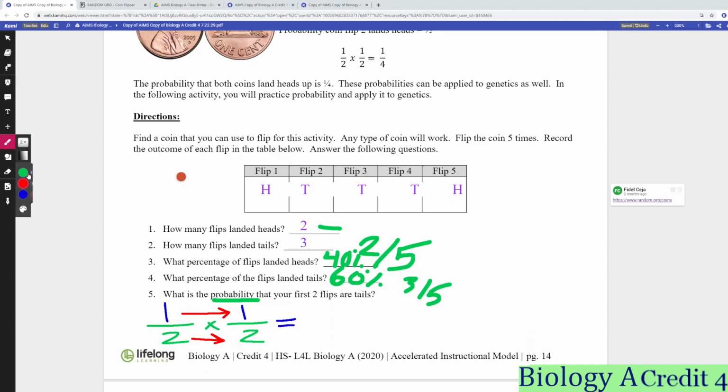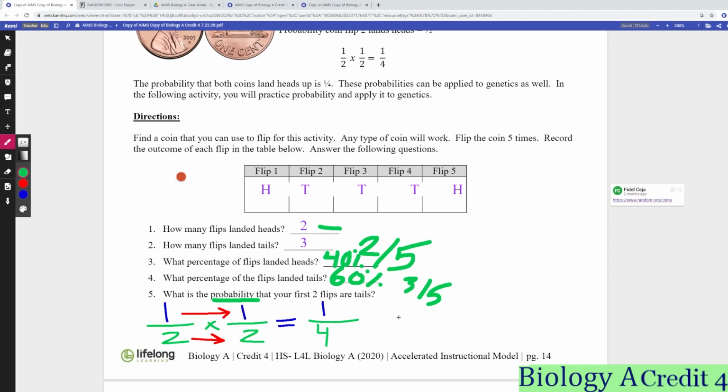So 1 times 1, that's just going to be 1. 2 times 2, well, that's going to be 4. So the likelihood of us getting our first 2 flips out of those 5 to be tails is 1 out of 4 tries or attempts. That's fair. We could probably get it done.